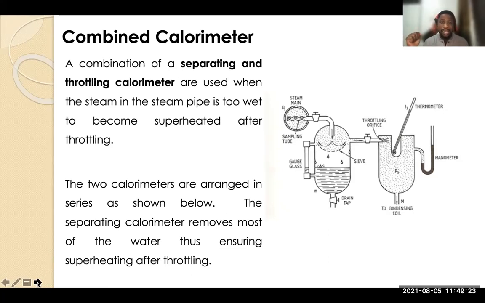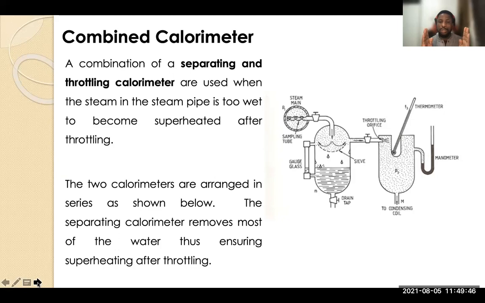So now there's another type of calorimeter called the combined calorimeter. From the name, it has two components, the two calorimeters we've talked about. It starts with the throttling calorimeter, and then we have the separating calorimeter.